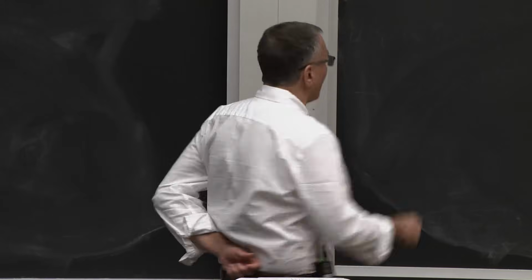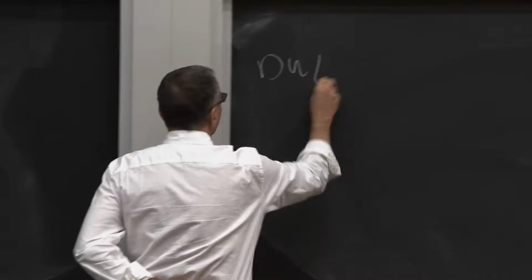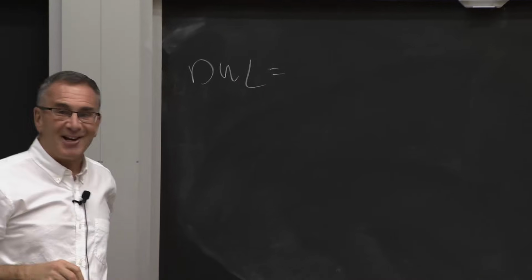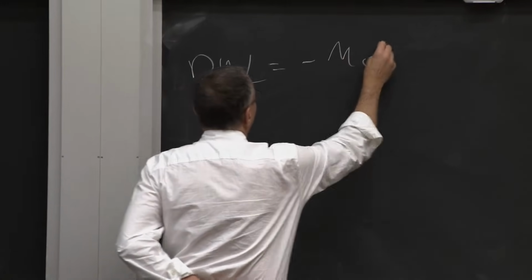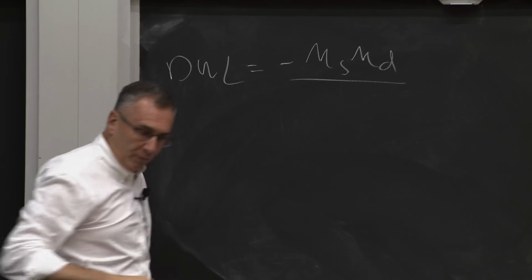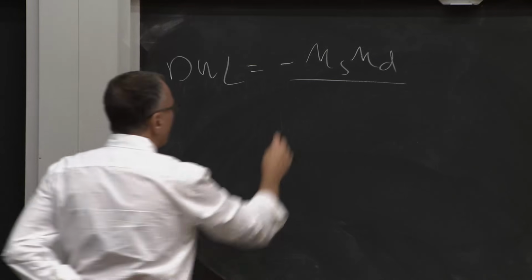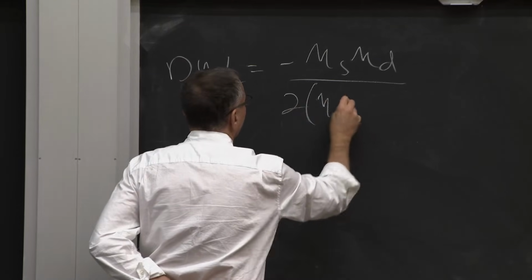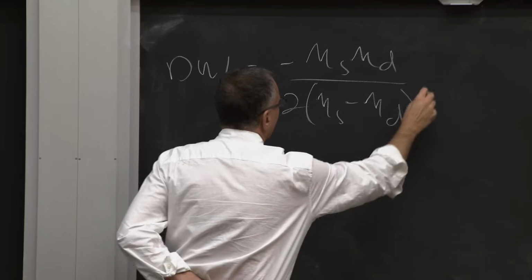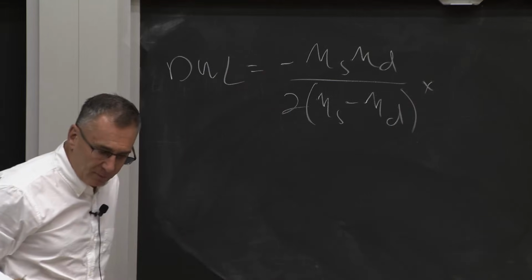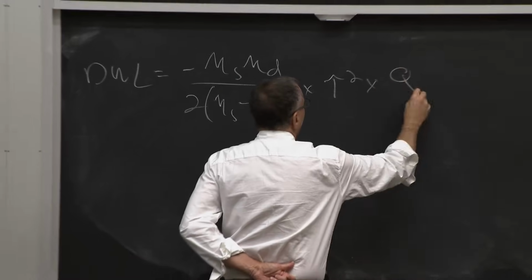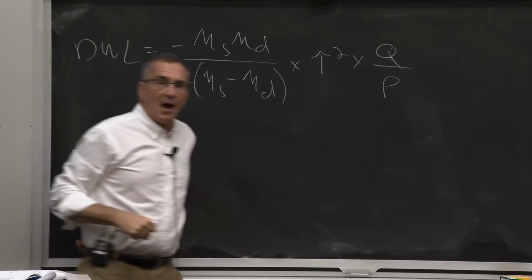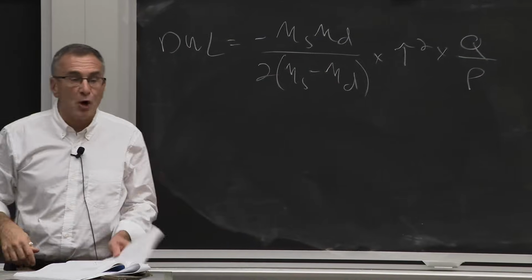We can write the formula for deadweight loss as: deadweight loss is minus ε_S ε_D over 2 times (ε_S minus ε_D) times tau squared times Q over P. A very, very important formula you need to know cold.